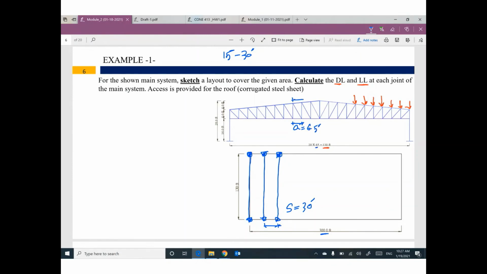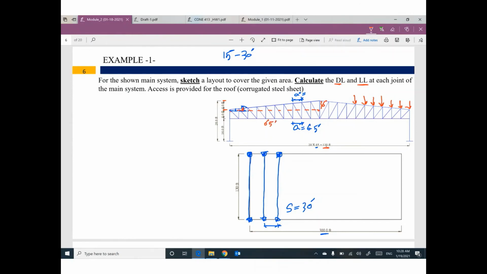What is the distance A prime? And what is the angle here? We need to answer this question before going through the calculations. Okay, let's find the angle here first. What do you think? The height from here to the top is 6 feet. So this height is 6. This total distance is 65 feet.